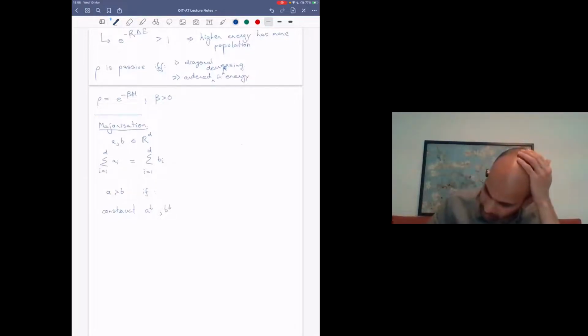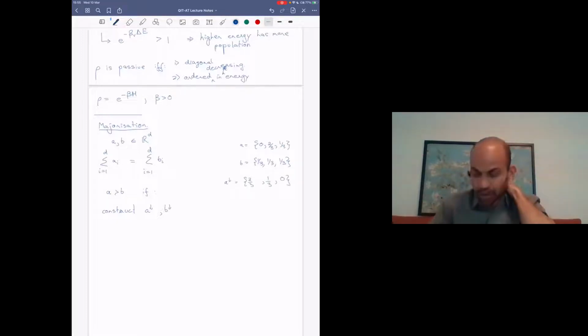So for example, if A is 0, 2 over 3, 1 over 3, and let's say B is just a completely mixed vector, then A ordered is going to be 2 over 3, 1 over 3, 0. B ordered is going to be the same as B because all of the elements are equal.